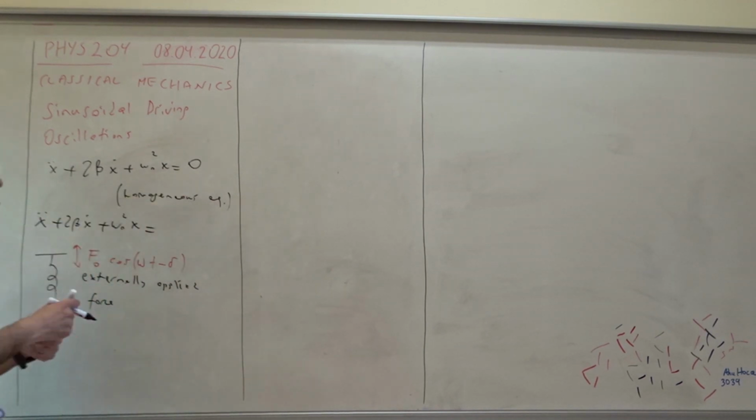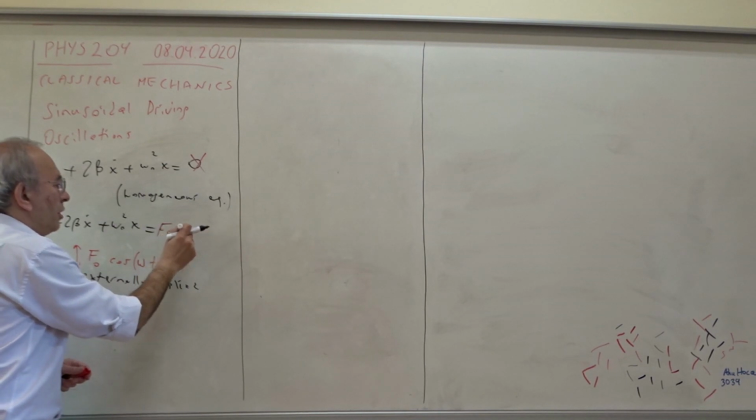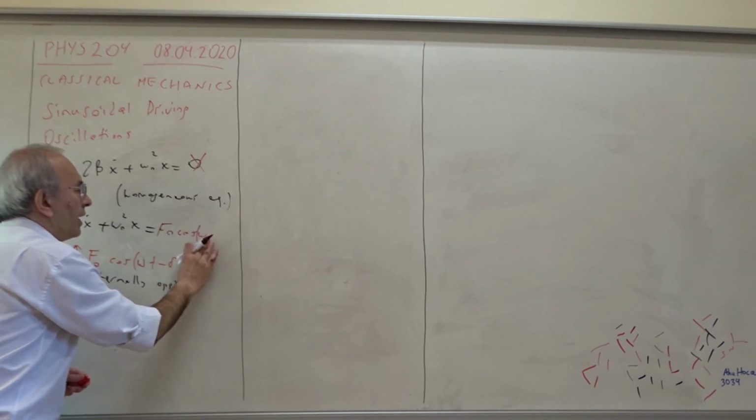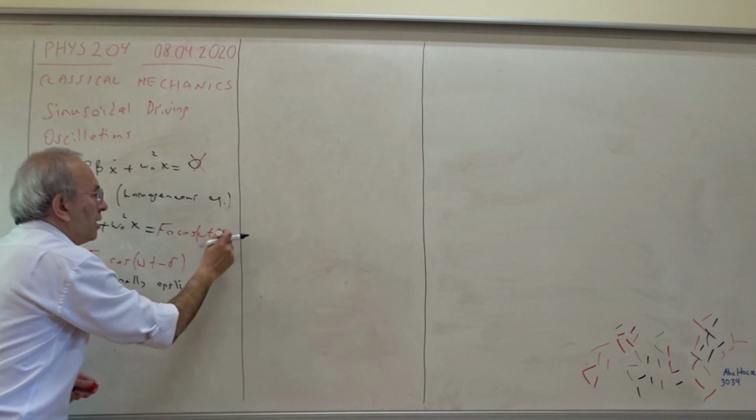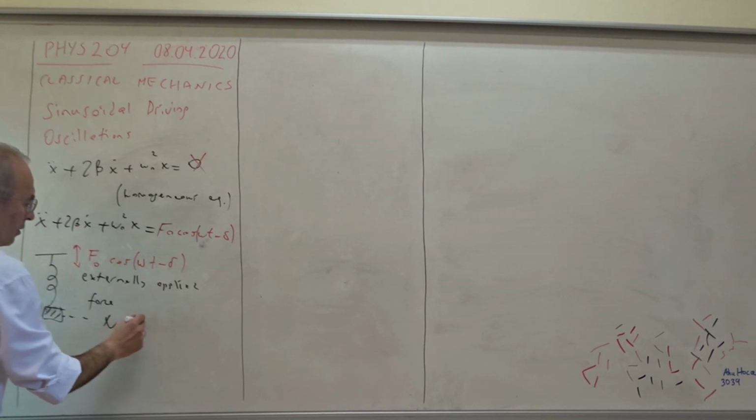On the right hand side we don't have a 0, but we have this function F0 cosine omega t minus an unknown phase factor delta. Or maybe known factor, but we will try to find it now.